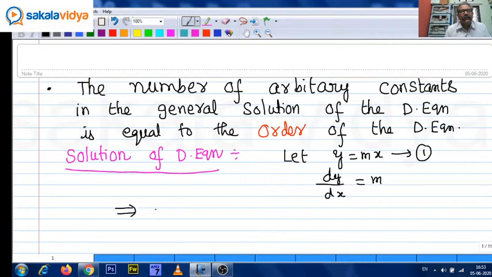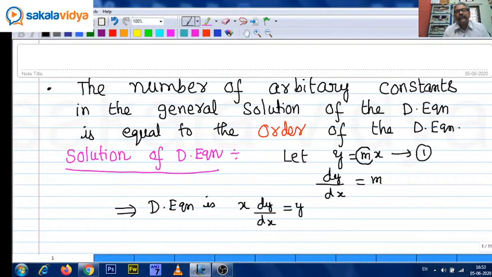So we get the differential equation x into dy by dx equals y. Now how many arbitrary constants are there here? Only one. That's why the order is 1. x dy by dx is equal to y is the differential equation.